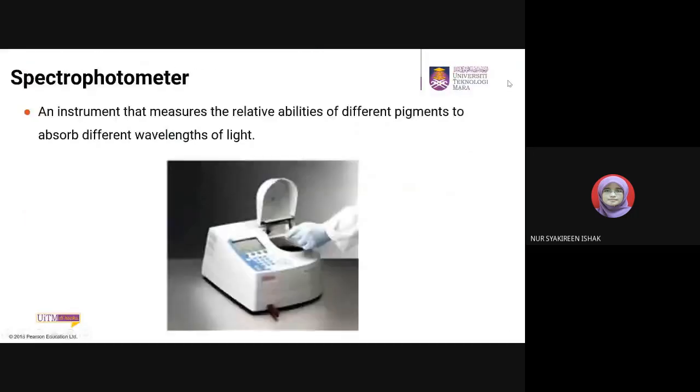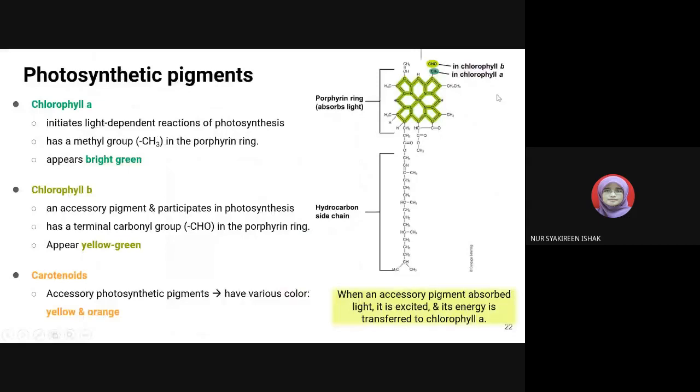If you look at the diagram earlier in this slide, this is the structure of chlorophyll A and also chlorophyll B pigment combined together in one diagram. Chlorophyll A initiates the light dependent reactions, and it has a methyl group, so it appears bright green.